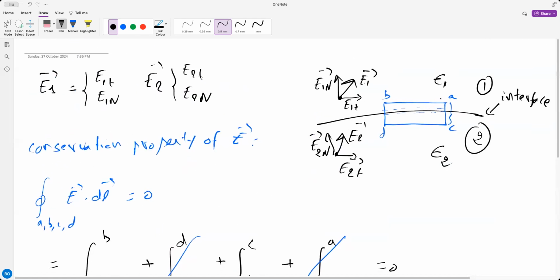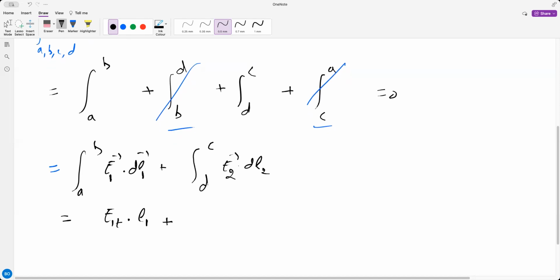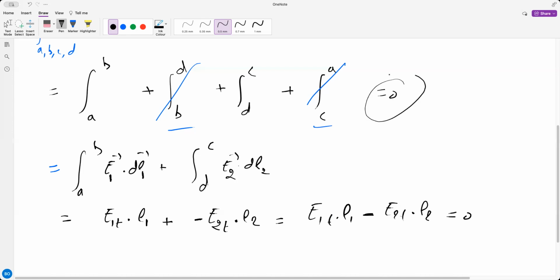And E2 dl2 is E2t times L2 with a minus sign, because they are in opposite directions. So this is E1t L1 minus E2t L2, which is equal to 0 because of the conservation property.